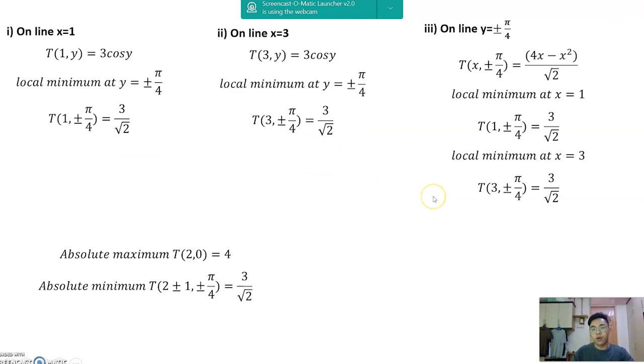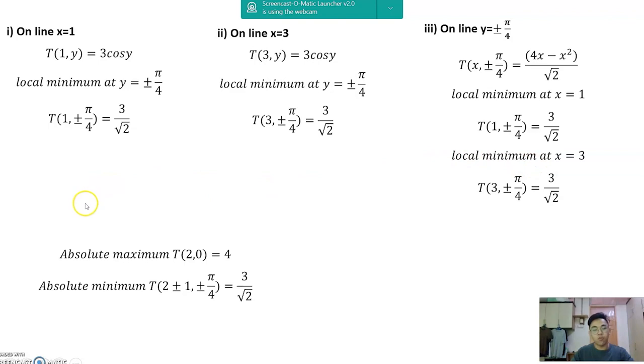And the other point for the local minimum is y equal to plus minus pi over 4. By substituting this answer into the temperature formula, we get 4x minus x squared over square root 2. Since we know that the local minimum at x is equal to 1 and 3, we get the same temperature, which is 3 over square root 2 degrees Celsius.